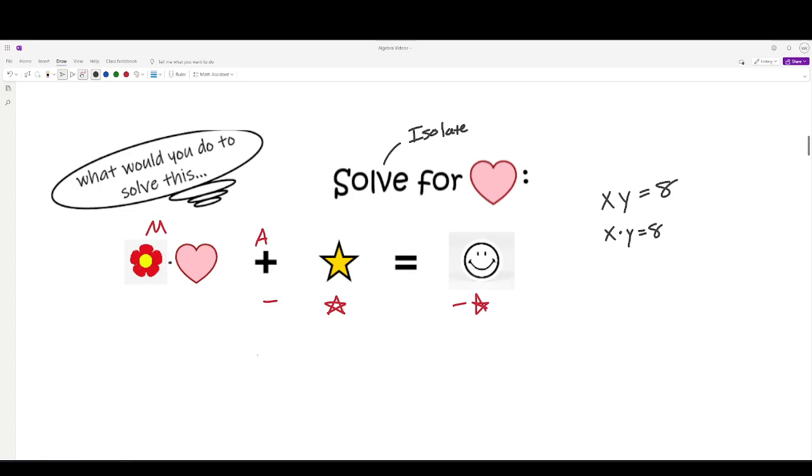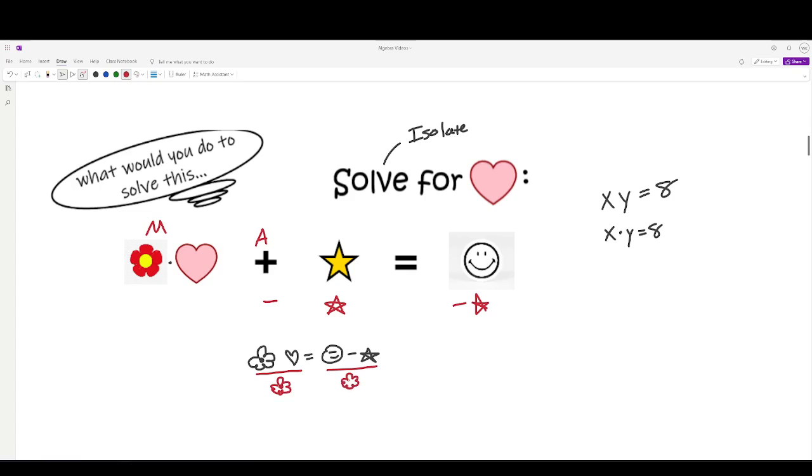So now I have flower times heart is equal to smiley face, with a single eye, maybe he's a cyclops, minus star. Next we have this multiplication, so we need to divide by this flower that I'm no good at drawing.